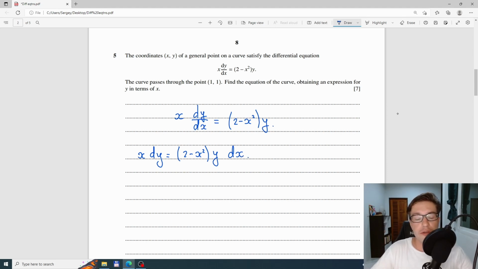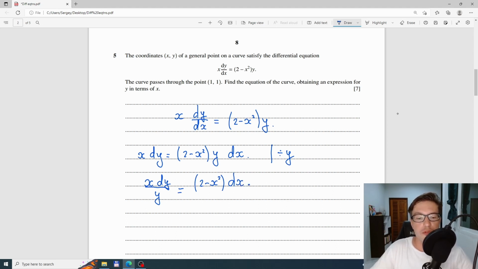Now, we'll have to separate the variables. So everything with y and dy should be on one side, and everything with x and dx should be on the other side. So I'm going to divide both sides by y. I'll get x dy over y equals (2 minus x squared) dx.